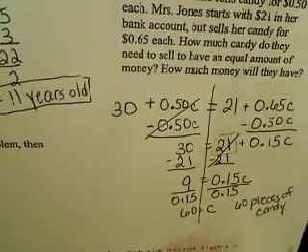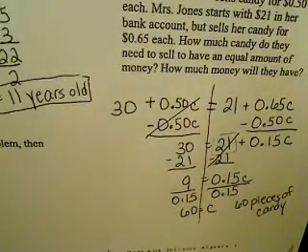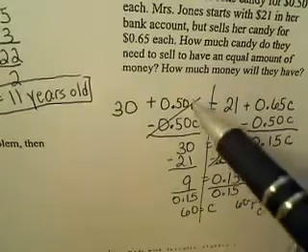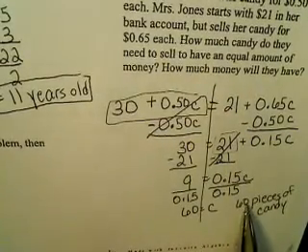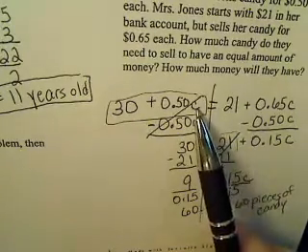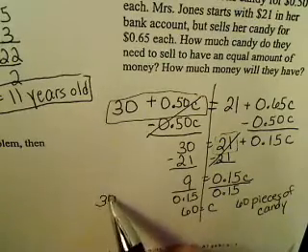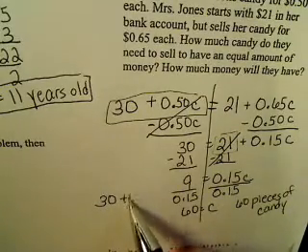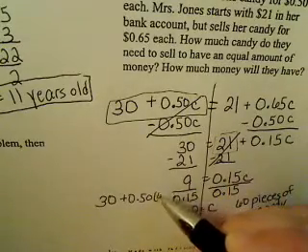So that answered the first question. The second question says, how much money will they have? So that means I'm going to take this first expression here and I'm going to plug 60, which is the candy, in for C. So I'm going to do 30 plus 0.50, and in place of C, I'm going to put in the 60.